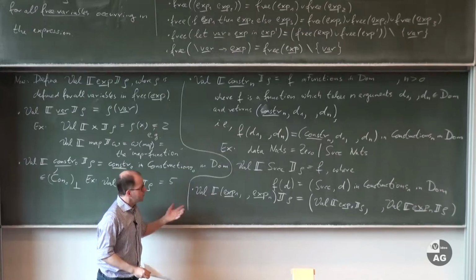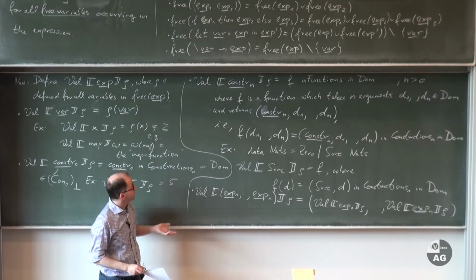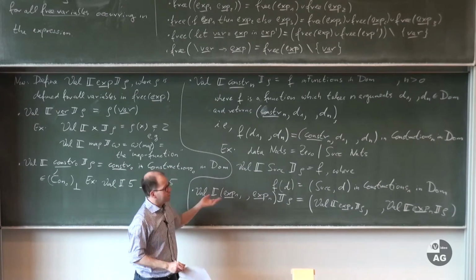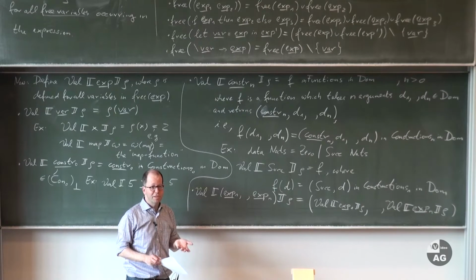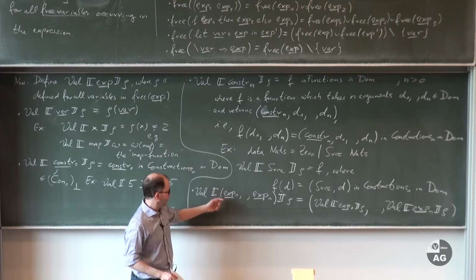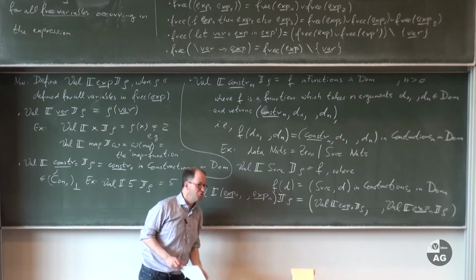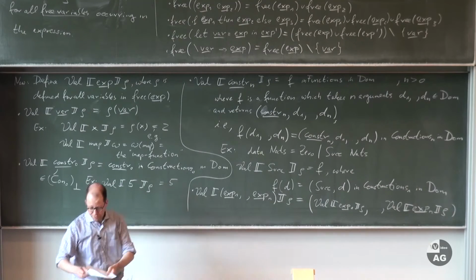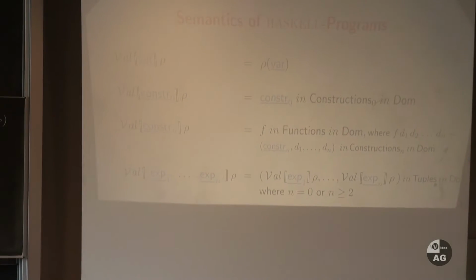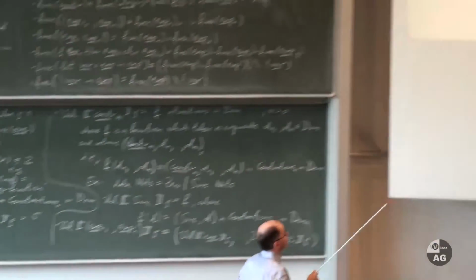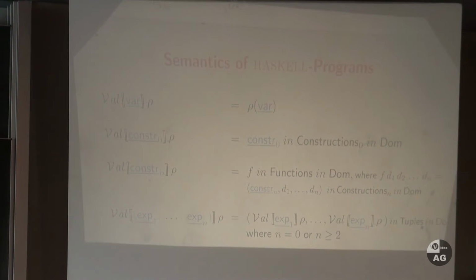So this means now we define what all the language constructs mean. We have defined that constructors mean themselves, but if it's a constructor of higher arity, then it means a function. And now we define that these round brackets mean tuples. So I'll also put this on the slide over here. And one should note that this is only defined for tuples of arity 0 and arity greater or equal than 2.